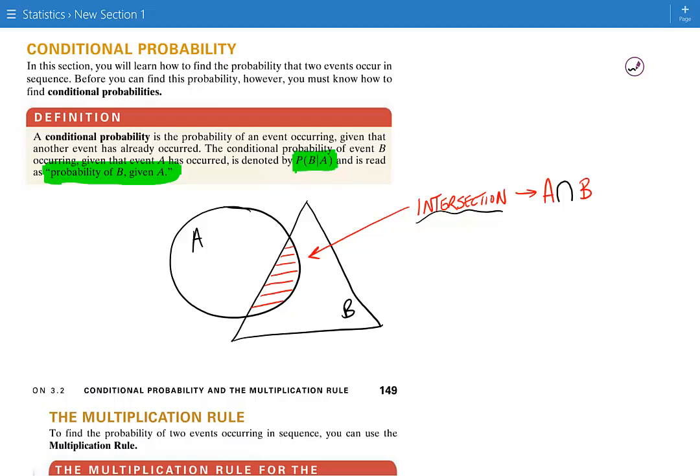So let's think a little bit more deeply about probability.